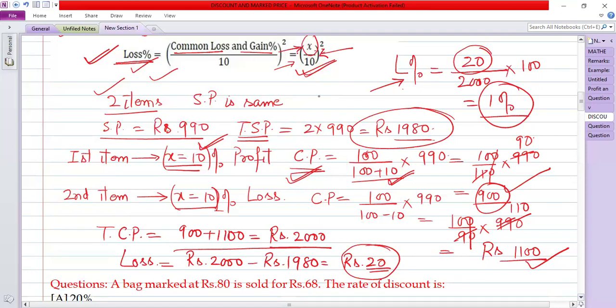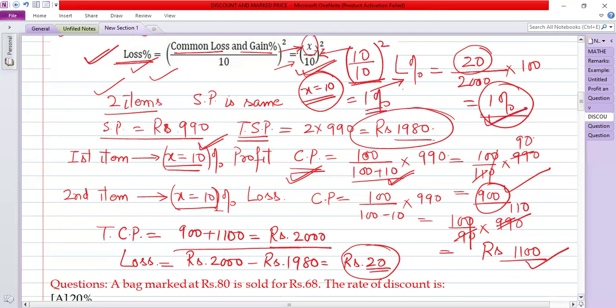So here, what was our X? Here X was 10. So if I substitute here, it will be 10 by 10 whole square, which will give me 1%. And that we had got here also.